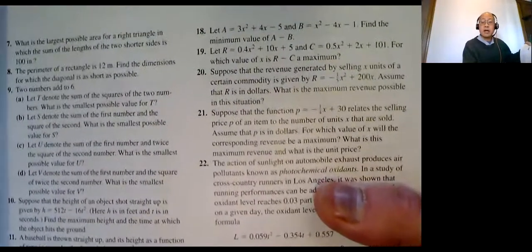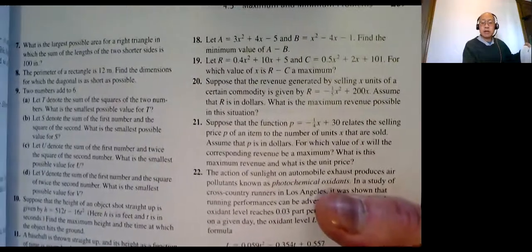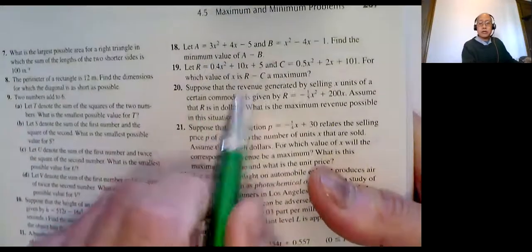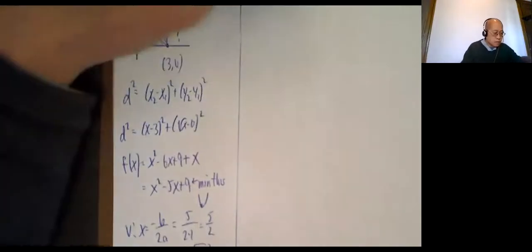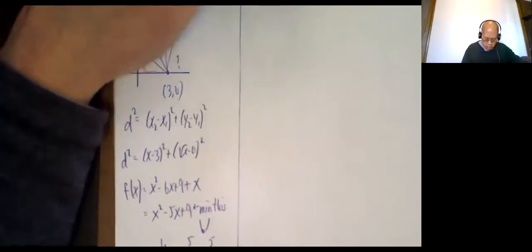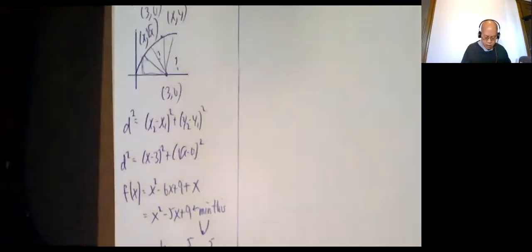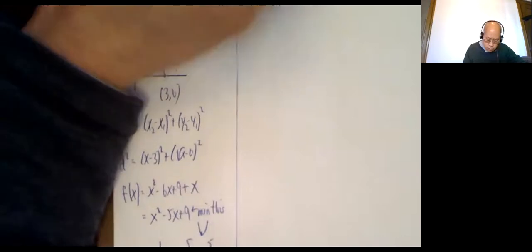So let's see, 19. Let R equal blah, blah, blah, C equal blah, blah, blah. For which value of X is R minus C a maximum? Okay, so you have two functions, you want R minus C. So let me write all this down. R is equal to 0.4x squared plus 10x plus 5.